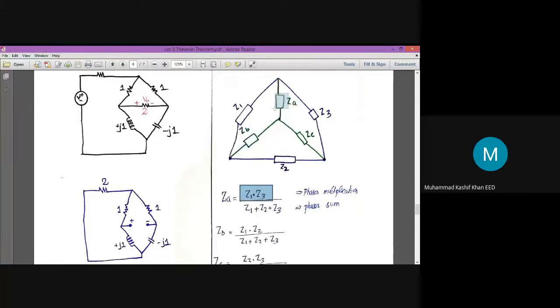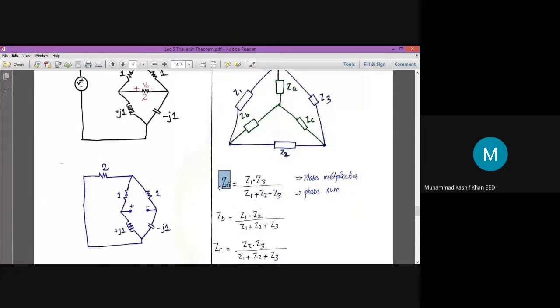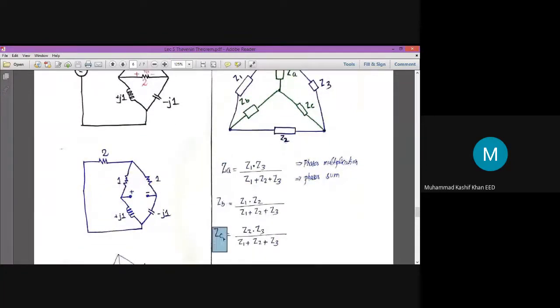You will select the star impedance and you will check the corner impedances of the delta network. In the numerator, there will be multiplication of the corner impedances of the delta network, and in the denominator, there will be an addition of all the delta impedances. This is how you can find out the value of ZA, ZB, and ZC.